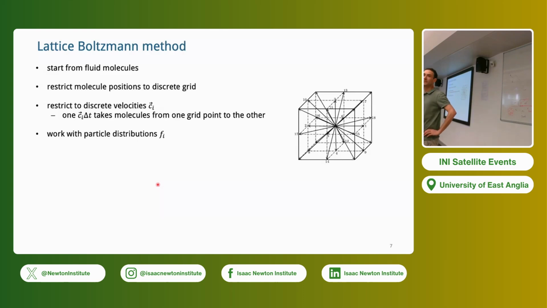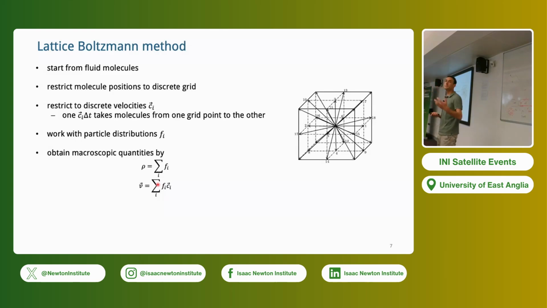We then don't work with individual molecules, unlike MD, but we work with molecule distributions. So we only count how many molecules on each grid point exist with a velocity in a particular direction, with a velocity to the upper left neighbor or to the lower right neighbor. That's the distribution. To relate this to macroscopic observables, like the density, one can then simply sum over these distributions.